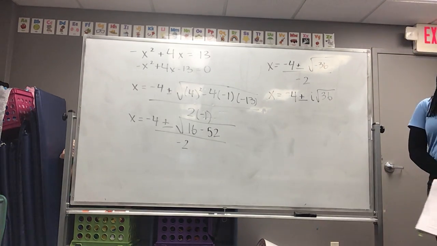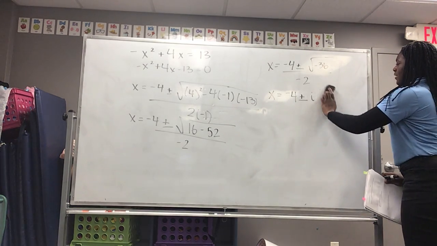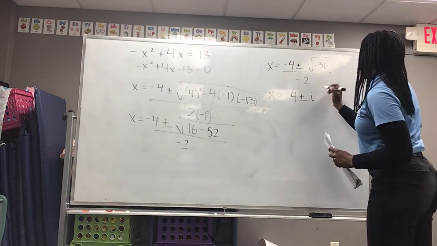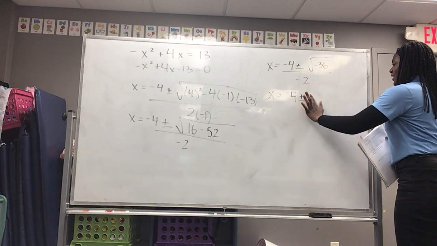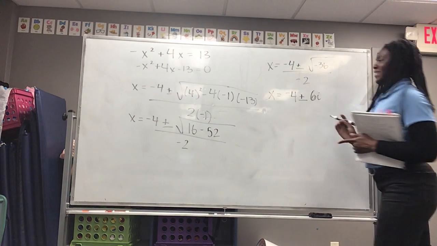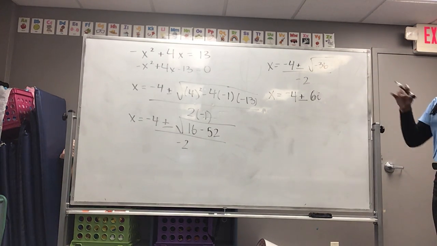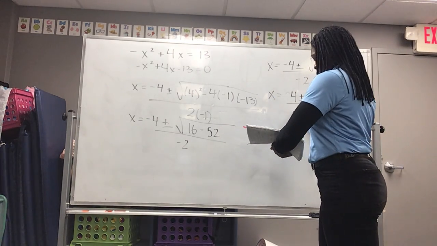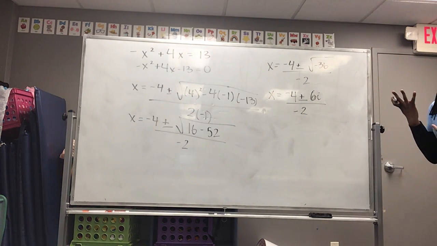And then we'd have square root of 36. 36 is a perfect square, so I'm actually just going to write 6. And then, oh, sorry. You do 6i, not i6. So you guys see how we went from square root of negative 36 to 6i? Okay. And then, again, it was all over negative 2. And so that is my answer.